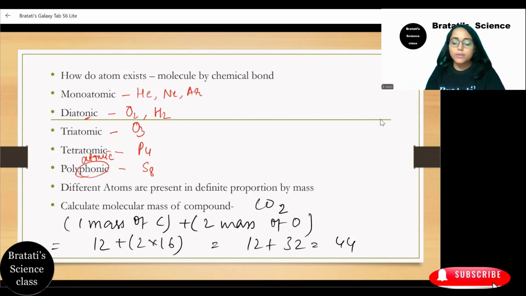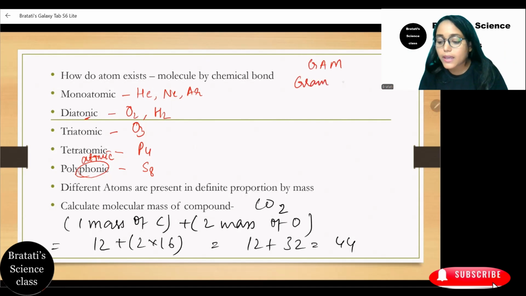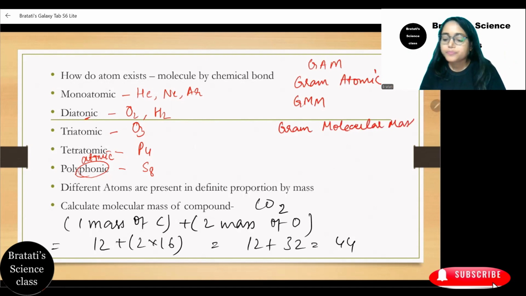So how is it possible? Here come two concepts: GAM, that is gram atomic mass, and GMM, that is gram molecular mass. These are the two.